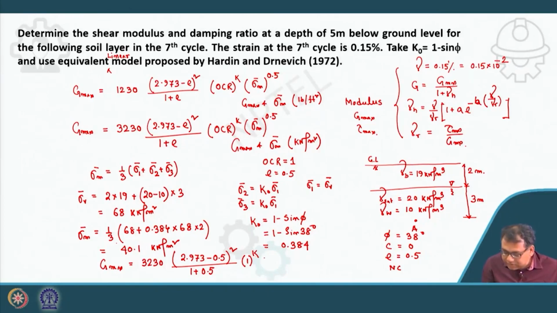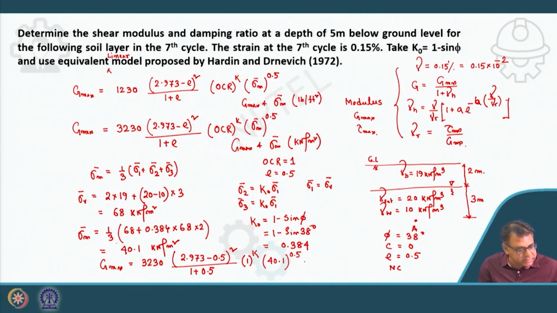This is into the sigma m value, that is 40.1 to the power 0.5. Sigma m bar value is given as 40.1 kilonewton per meter square.